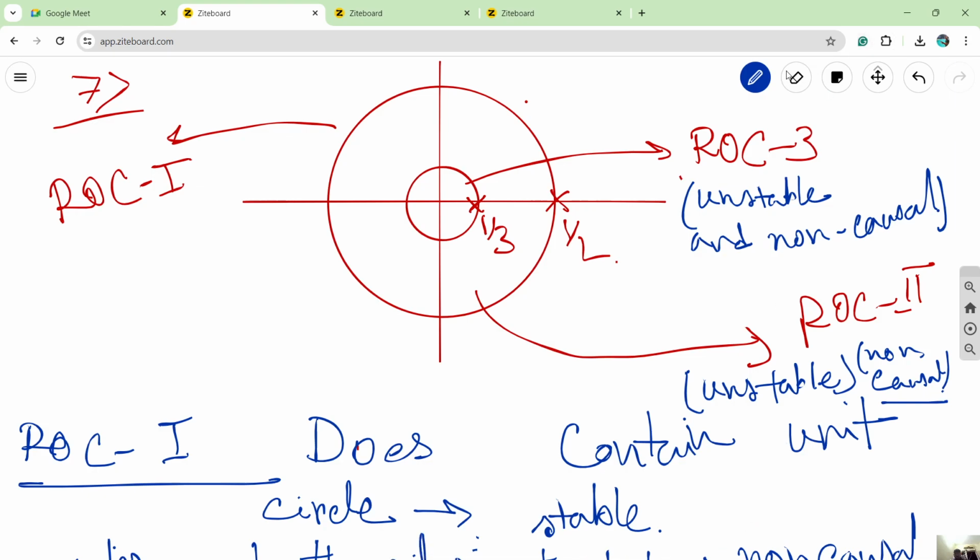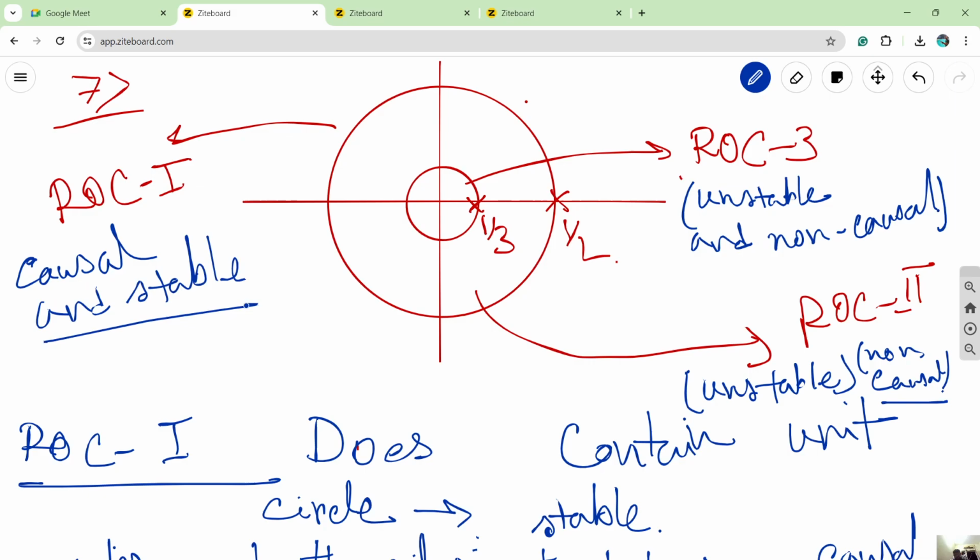So it is also causal. So this is causal and stable. So for different ROCs, it may be unstable and non-causal, or causal and stable.